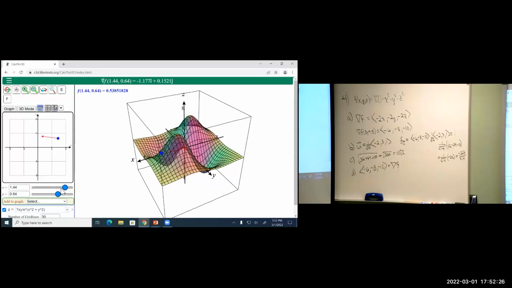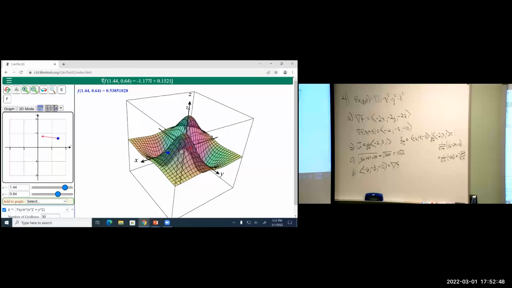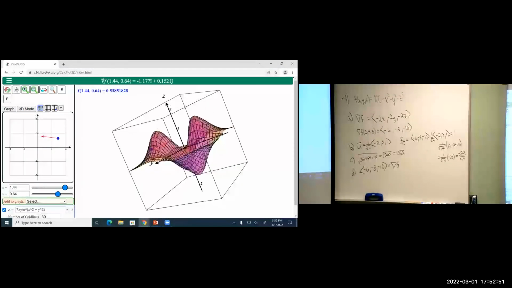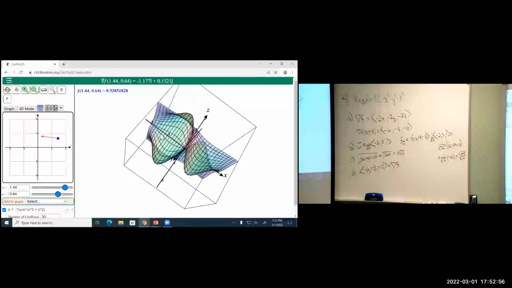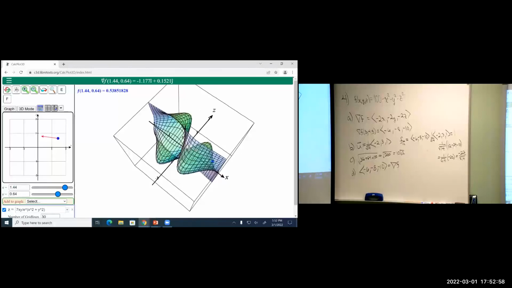In fact, notice when the point is on a steeper part of the curve, the vector is longer, and if it's more shallow, it's shorter. You can add a tangent plane or a gradient from this drop-down menu. You can also add normal vectors and some of the other stuff. So that's what the gradient does. And what's great about it is if we can find partials, the gradient isn't a problem to find. Got it.